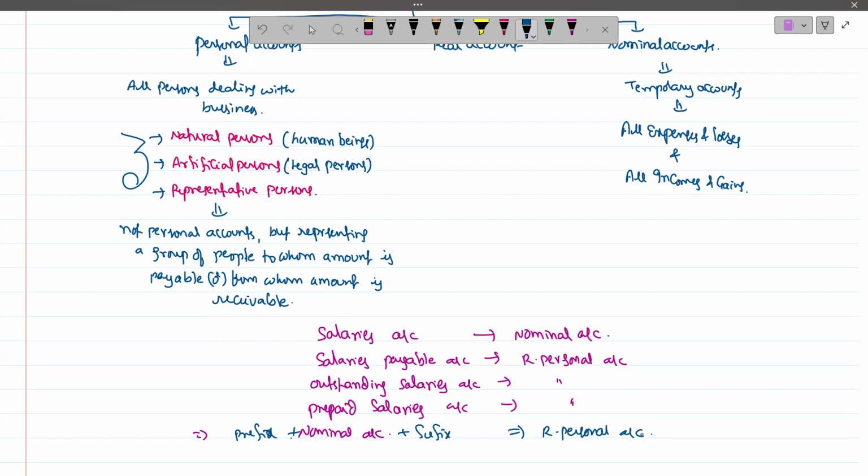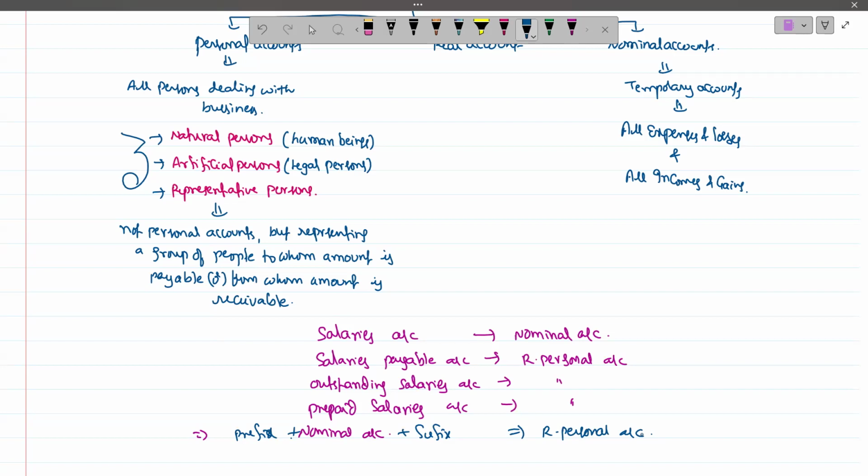For example, coming to the rent, we utilize the building and we pay the rent. Coming to the employees, we get the services and we pay the salary. The transaction is over there. So there is no need to continue that person in the business, and the name of that account is not required to continue. We have to consider only the service provided by the party.